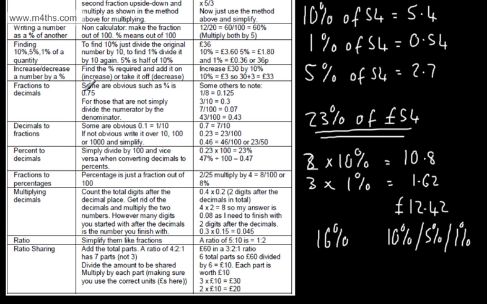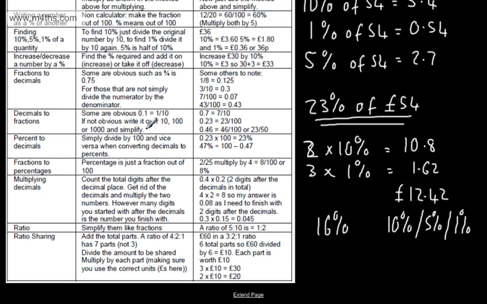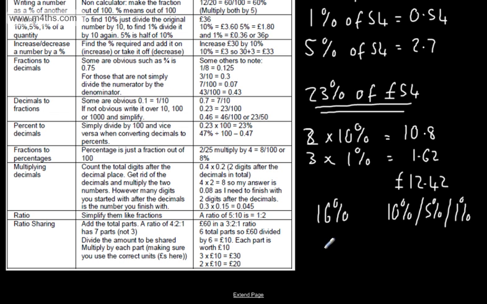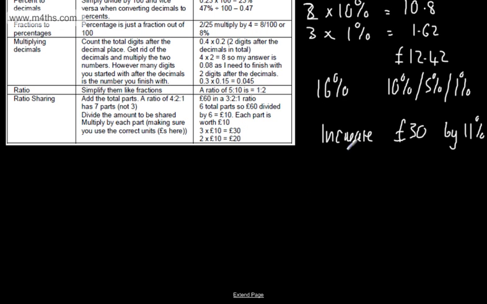So that brings us on to this, increasing or decreasing a number by a percentage. So let's say we wanted to increase £30 by, let's say, 11%. Let's make this slightly harder. Without a calculator, 10% will be equal to £3.00. 1% is going to be equal to, dividing this by 10, 0.30.